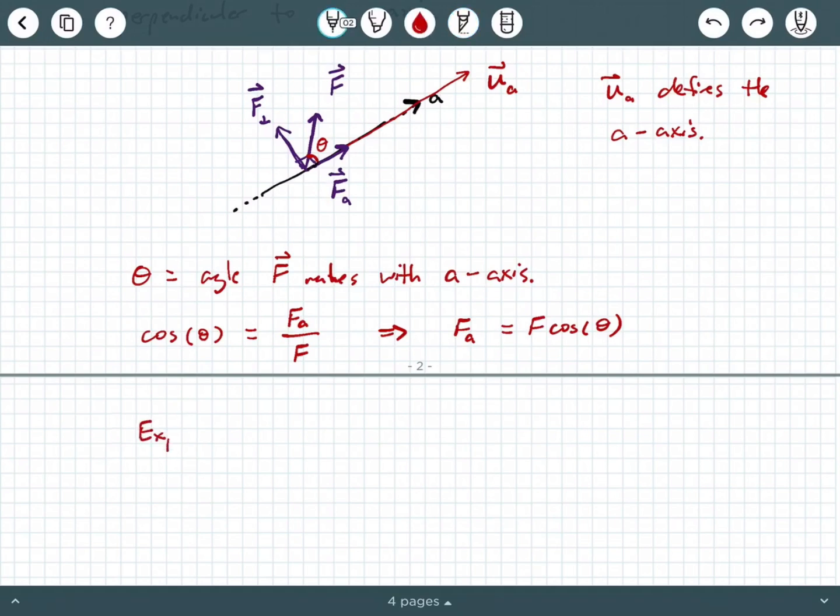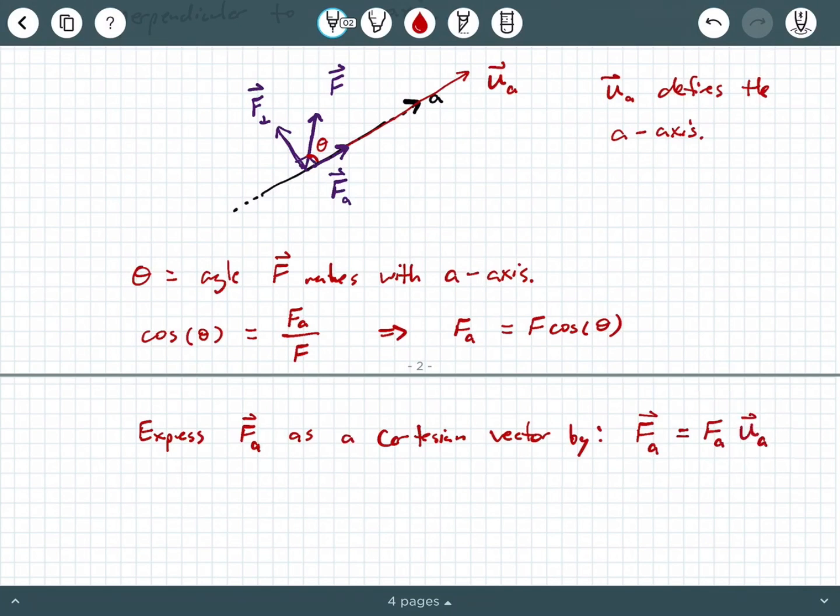So I can express FA as a Cartesian vector by saying the following: the Cartesian vector FA, the component parallel to the A axis, is equal to its magnitude FA times that unit vector defining the A axis. That line shouldn't be new to you. So that's what we have so far.